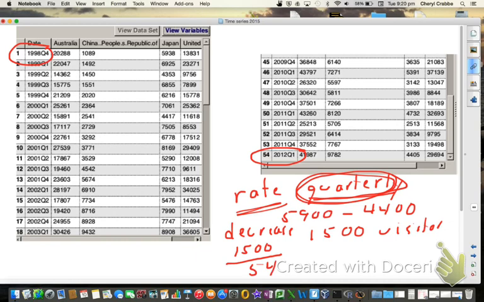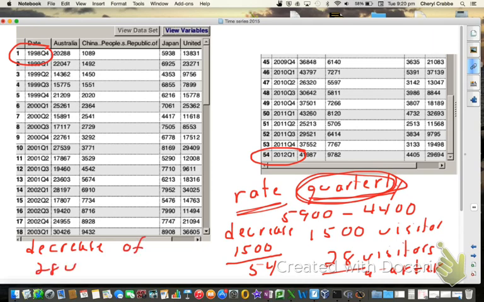So if we go on our calculator and calculate 1,500, a decrease, divided by 54, we get a decrease of about 28 visitors per quarter. So your statement is that there's a decrease of 28 visitors per quarter. I think that's the best way to do that, per quarter.